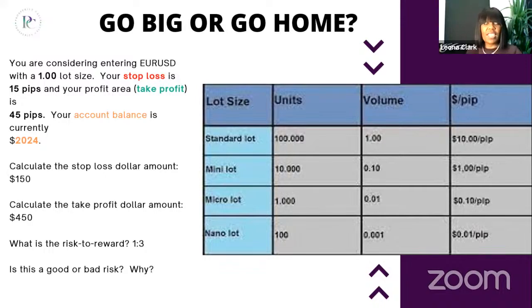Your account balance is currently $2,024. I want you to confirm the correct stop loss in dollars, and the correct take profit in dollars.